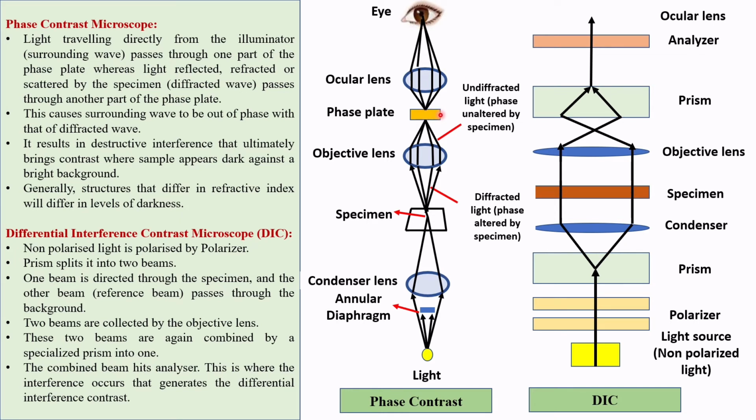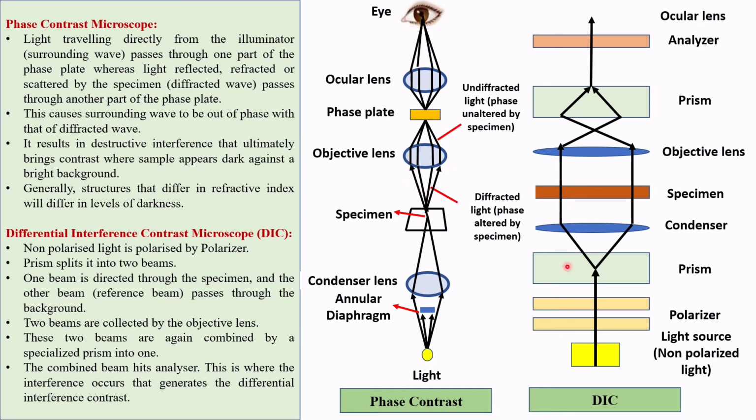This causes the surrounding wave to be out of phase with that of the diffracted wave. It results in destructive interference that ultimately brings contrast where the sample appears dark against a bright background. Generally, structures that differ in refractive index will differ in levels of darkness.